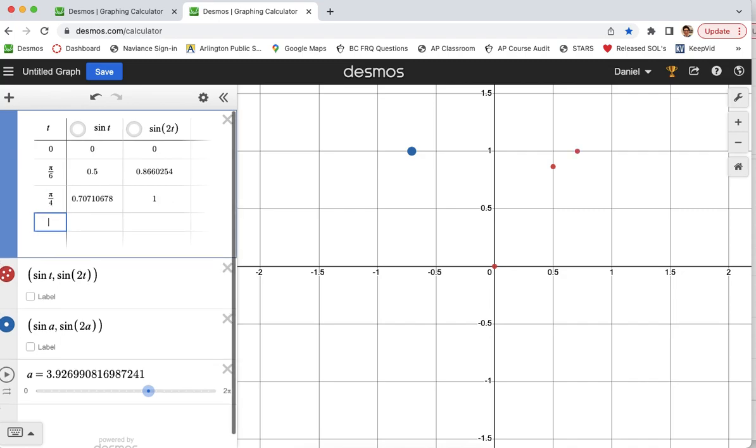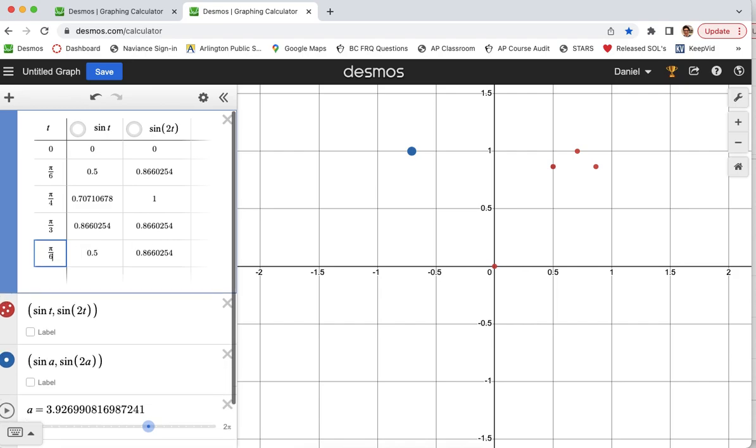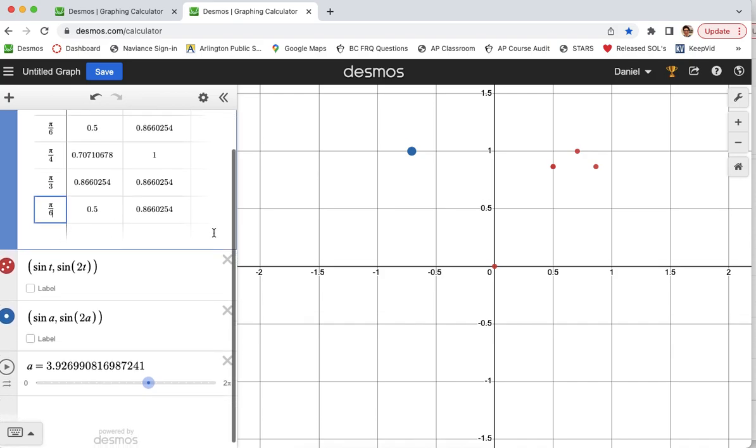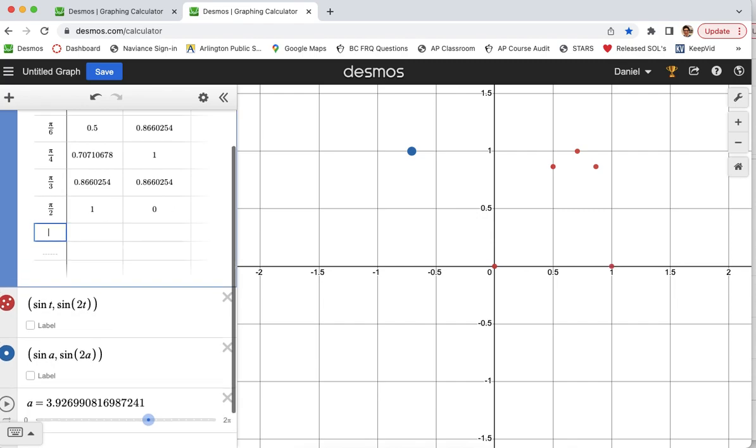But you're at least seeing the numbers that we had on our table before. Oh, sorry, that messed up my sine of t. Oh, that's okay. And so now you're seeing the points pop up as I make them. And if we kept going, we would see the rest of the points pop up around.